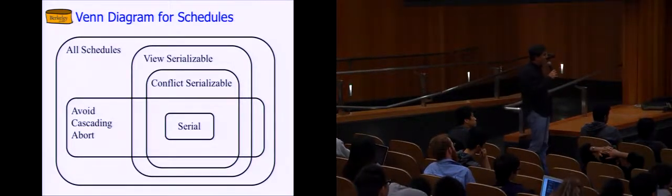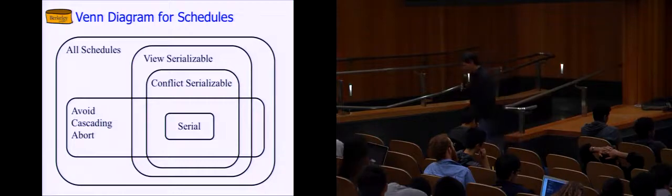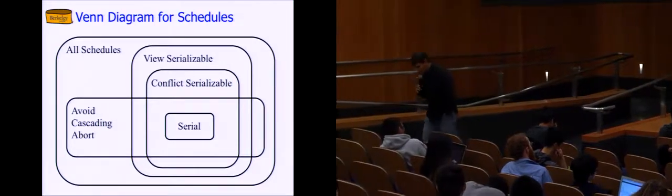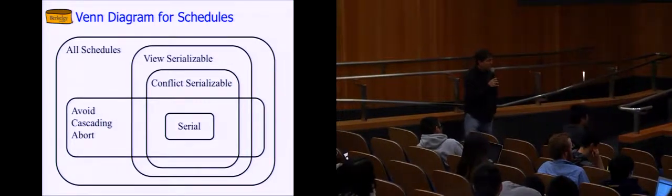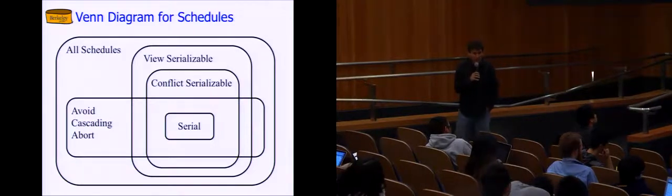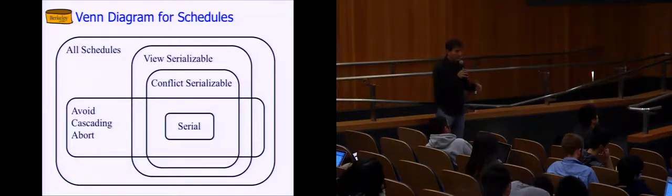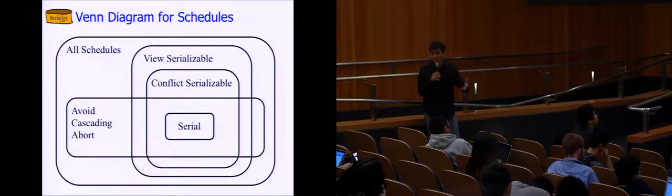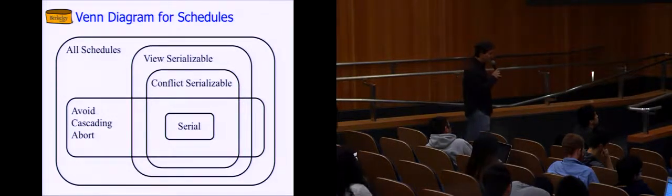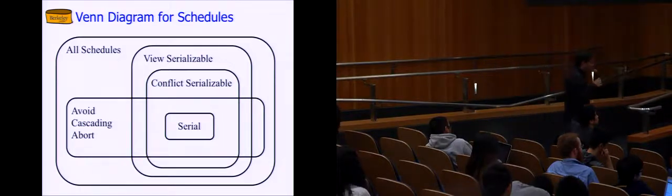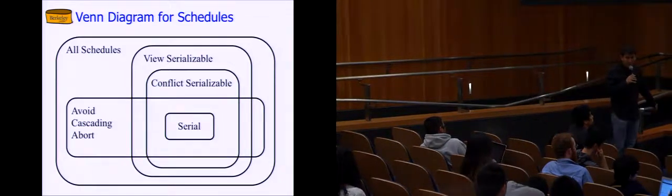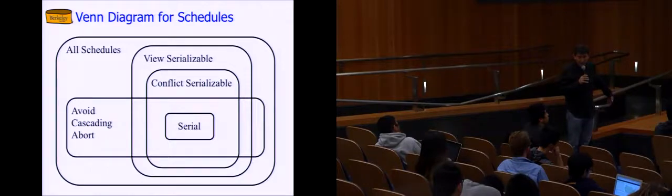Okay? A separate subset of the schedules are the view serializable schedules. The conflict serializable schedules, as we know, are a subset of the view serializable schedules because view serializable is conflict serializable plus it deals with these blind write cases, right? The serial schedules are obviously a subset of the conflict serializable schedules because they are conflict serializable to themselves, okay?